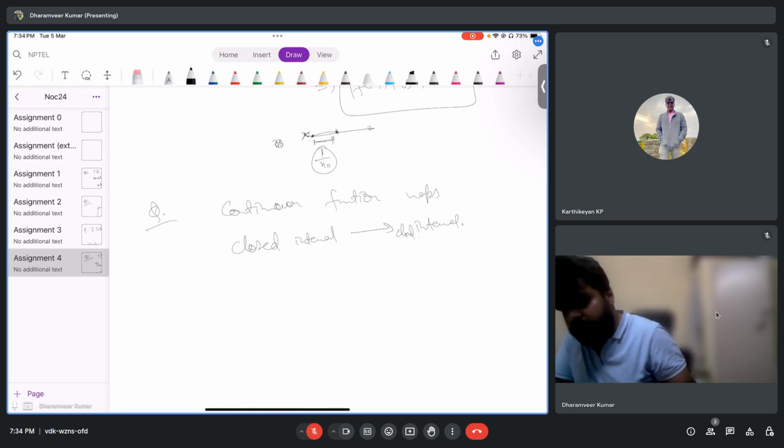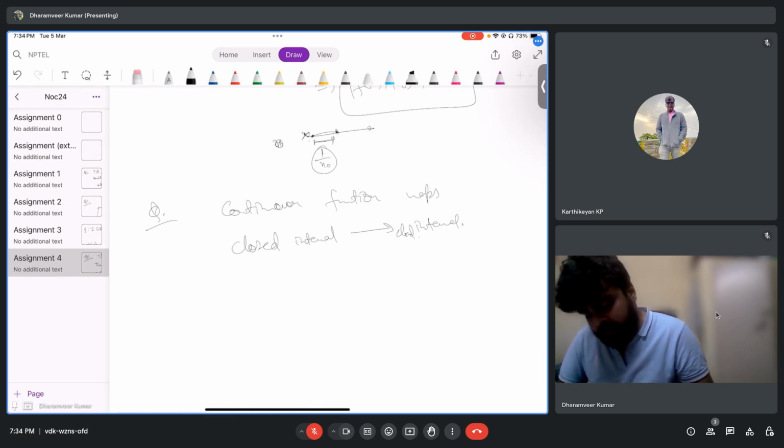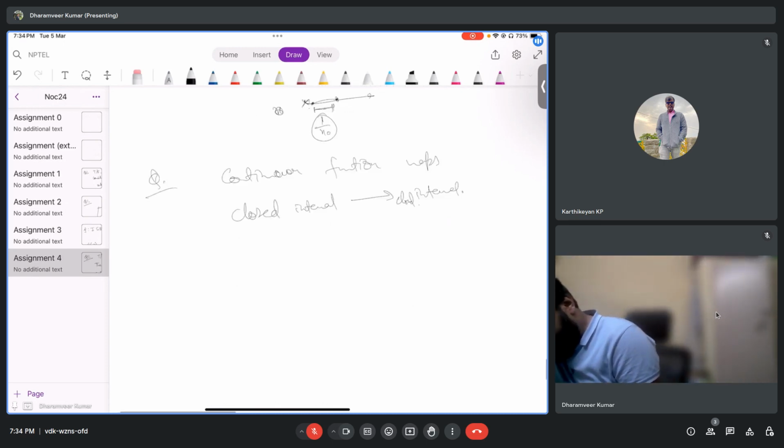So now we already know, let's say from I in R2, this is closed. So we already know f of I is an interval. This we have done.